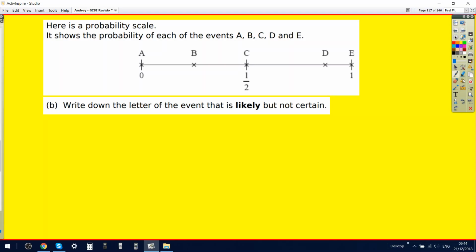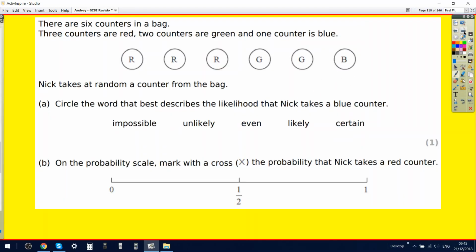All right, this one. Is it D? It's D. There we go.